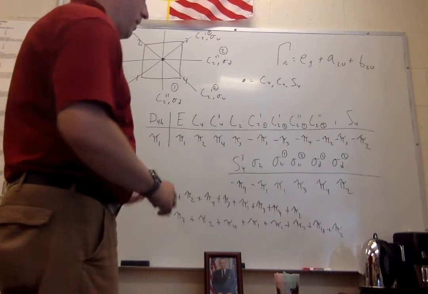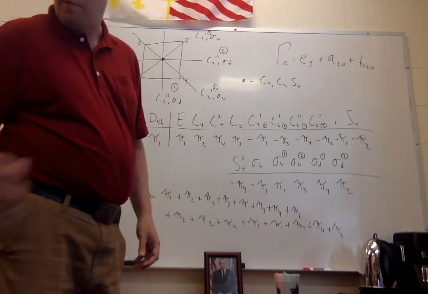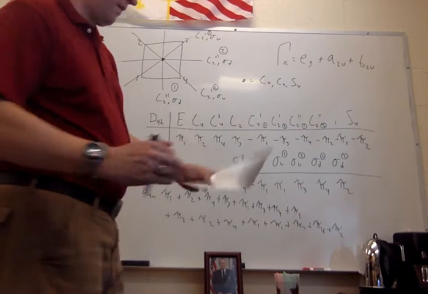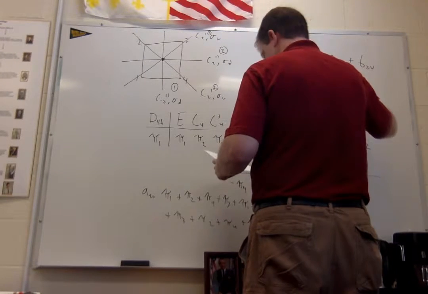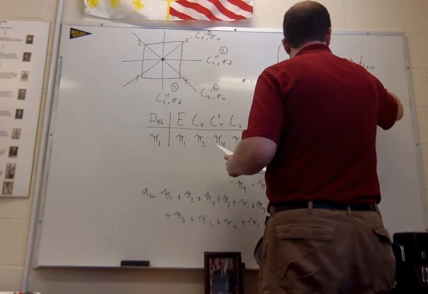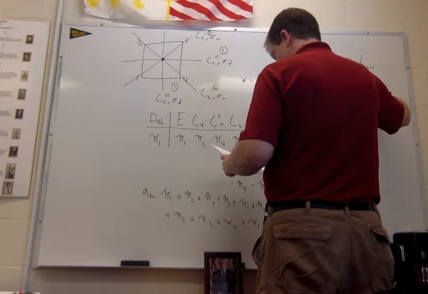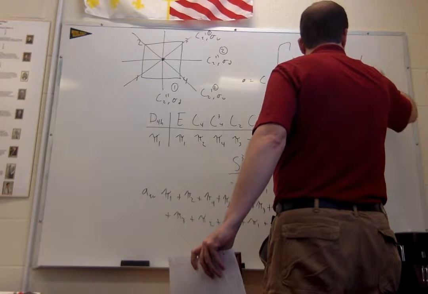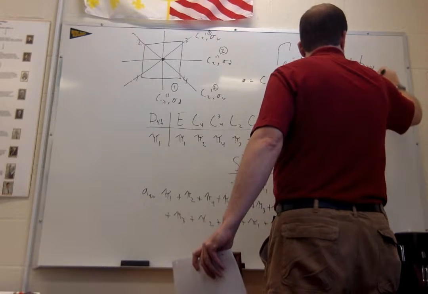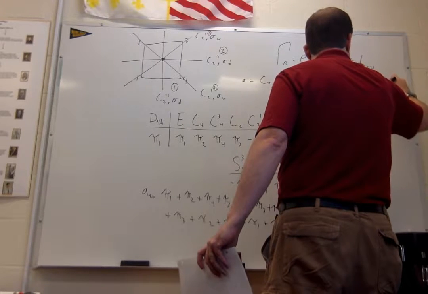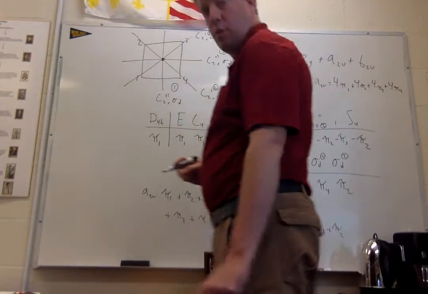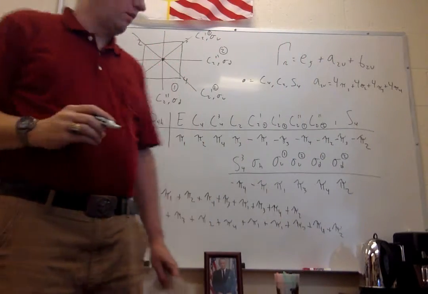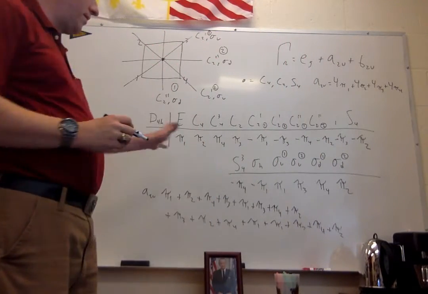And so what will happen then is for this representation, A2U is equal to 4 pi 1 plus 4 pi 2 plus 4 pi 3 plus 4 pi 4. So everything's positive.